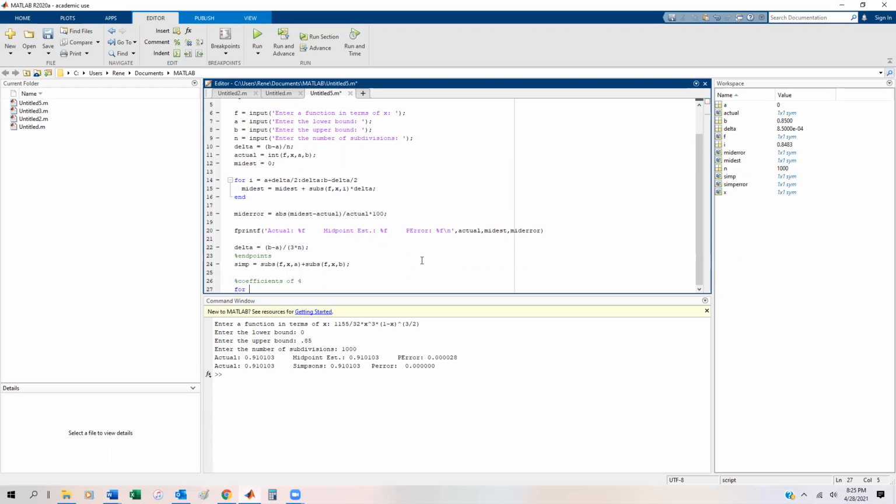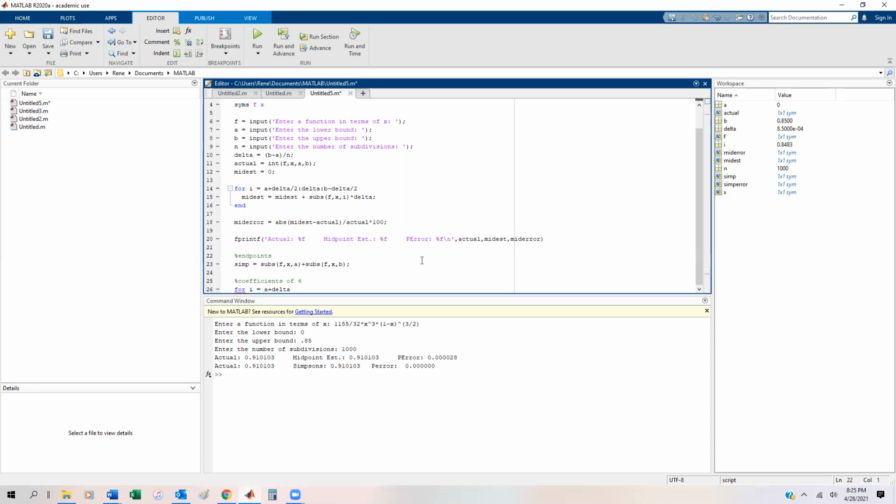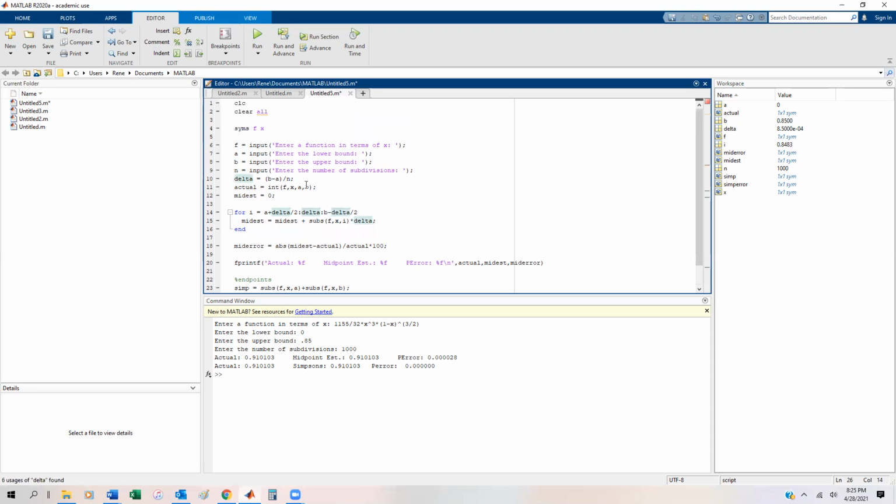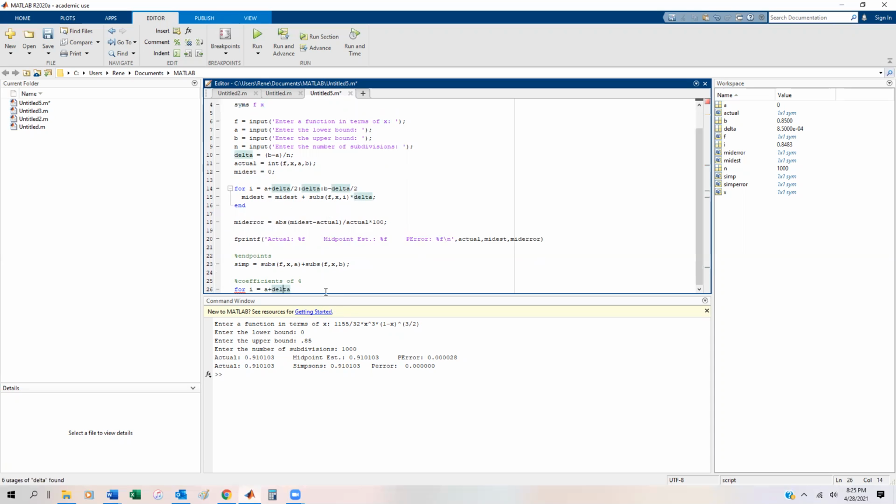So here's what I'm going to do. I'm going to make a for loop. And I'm going to say for i equals a plus delta. And the reason I do that, well, let's do this. I'm going to get rid of this delta. And we know that our delta from earlier is just going to be b minus a over n. So what we can do at the end is we can multiply by delta over 3.